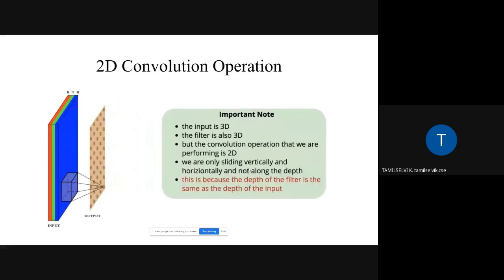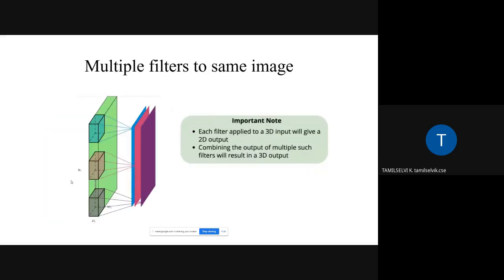So here I have given you only one filter. Is it possible to have multiple filters on the same image? Yes, it is possible. We have already seen some of the default filters like the sharpening filter, blur filter, and edge detector filter. For a single image, you can apply multiple filters, and each filter will give you a 2D output.